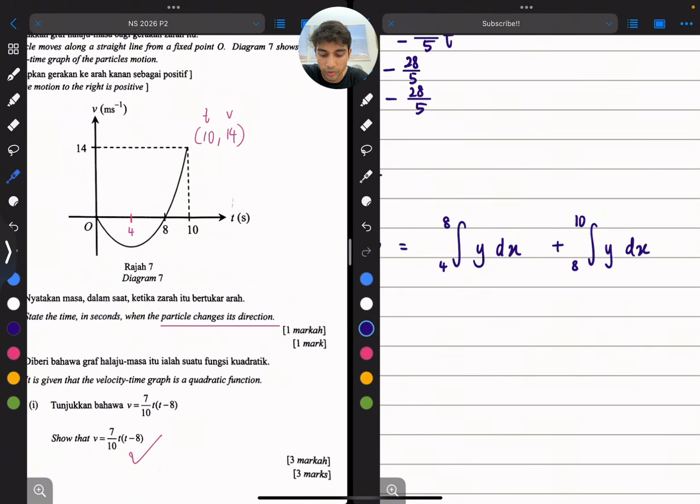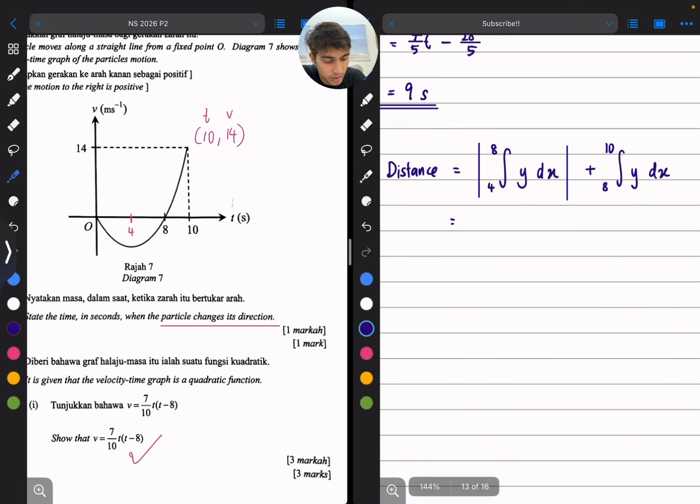But between 4 and 8 here, your area will be negative because this is underneath the axis. So here we get negative area, but our distance is not negative. So we have to make it positive. So we put a modulus here. So whatever negative value you get here, we convert it to positive. Here no need to put modulus because it's already positive.